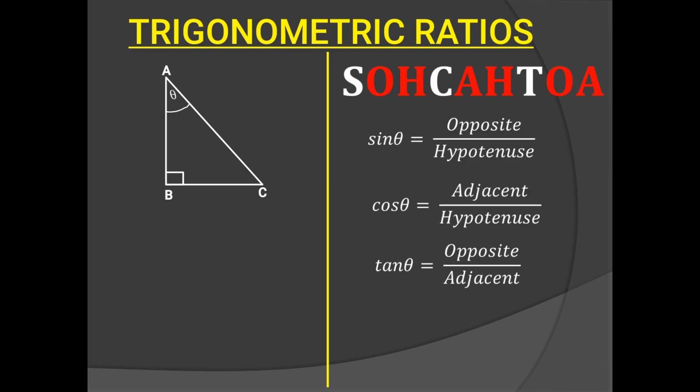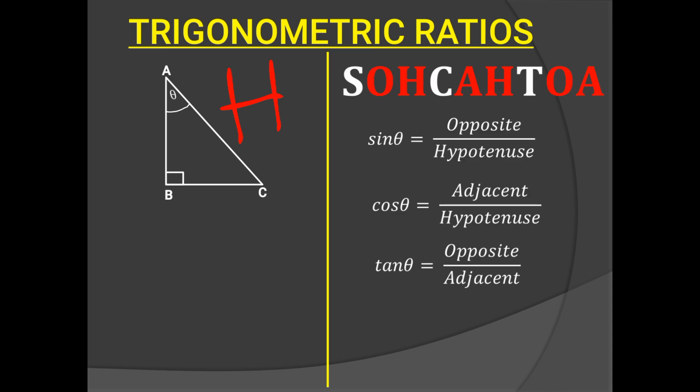Look at this one. Now look at where the angle is found. It's now found at the top. So which one becomes our hypotenuse? Always hypotenuse first, then we continue. Our hypotenuse is this, the longest one, the one facing the 90 degrees. Then we go to our opposite, and automatically what is left is our adjacent.